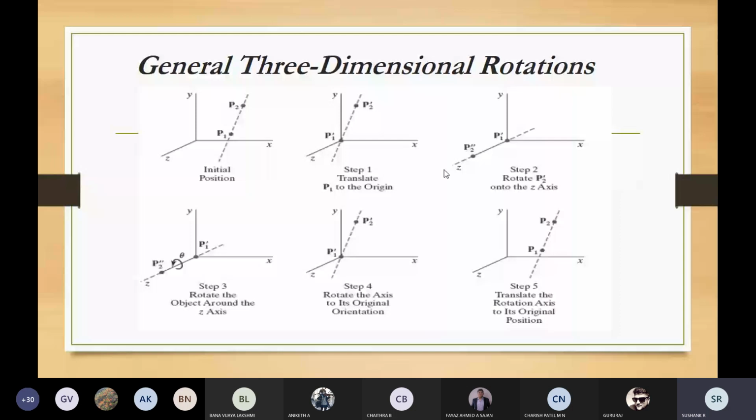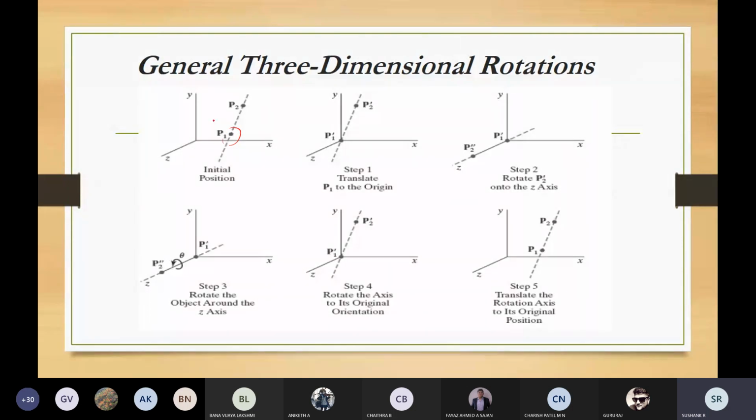What is the transformation? First, you want to rotate this point from the position P1. The first thing is to bring this object so that the rotation axis will pass through the coordinate origin.